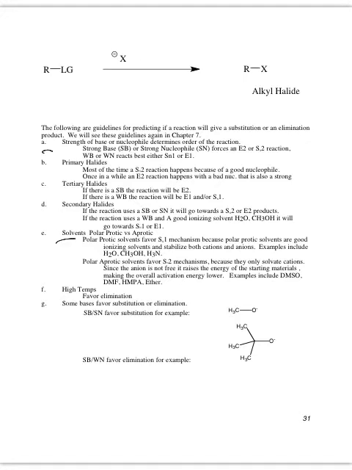The type of solvents you have, polar protic versus polar aprotic, and high temperatures favor elimination, which we'll get to in the next chapter, and some bases favor substitution. Small ones favor substitution, whereas the large ones like t-butoxide favor elimination. But we'll get more into elimination as we get into the next chapter in just a little bit.